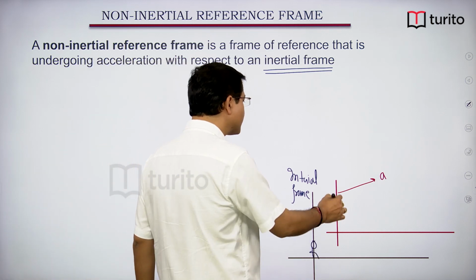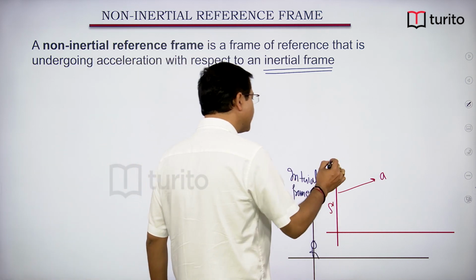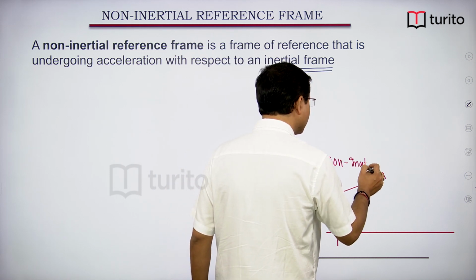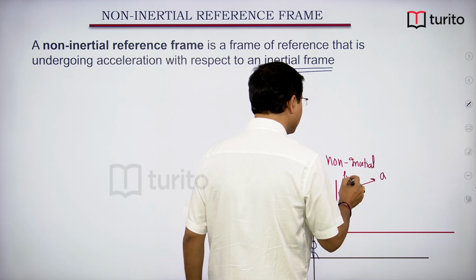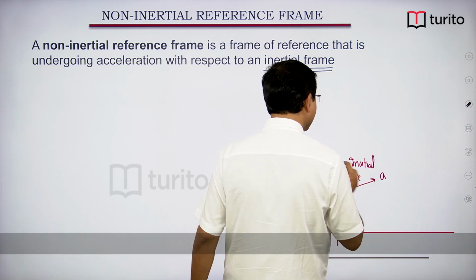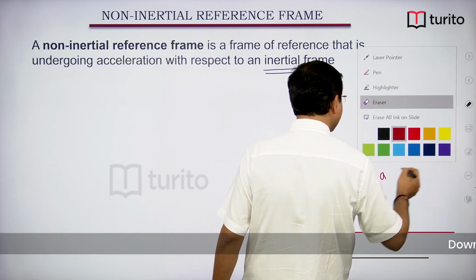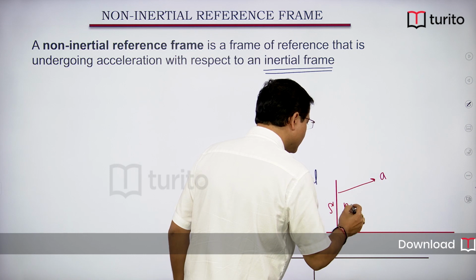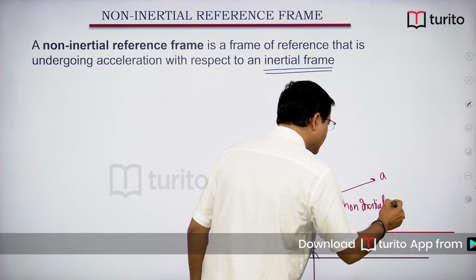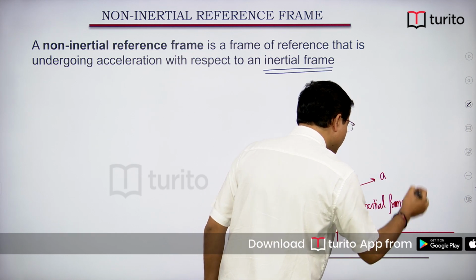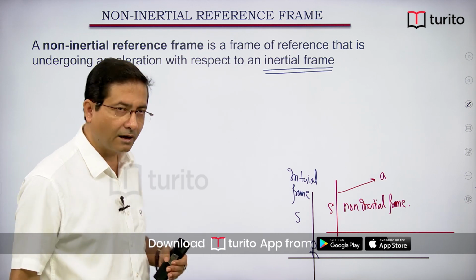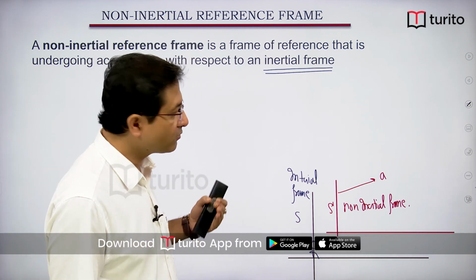As this frame is having acceleration with respect to the inertial frame, it is called a non-inertial frame. So this is the first point: all non-inertial frames will have acceleration with respect to an inertial frame.